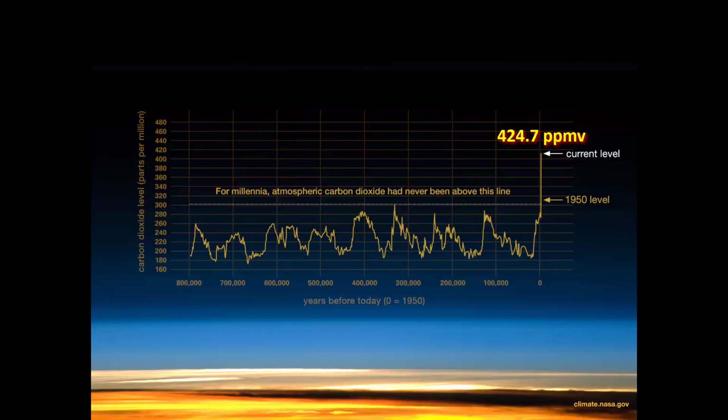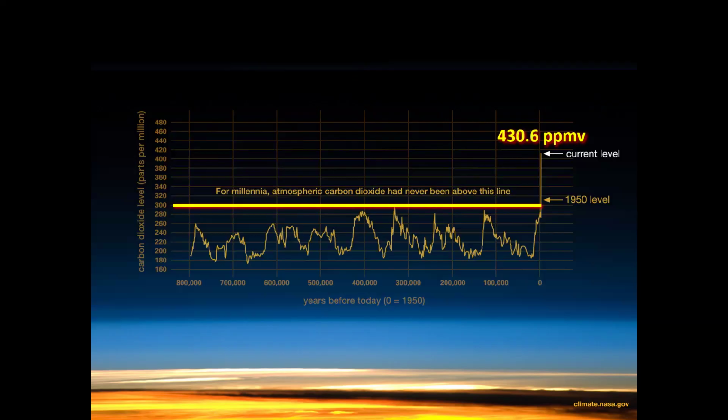So, looking at that graph, you can see for the past 800,000 years, we have been under 300 parts per million by volume. And now, as of this month, we're at 424. And this is not even the largest. If you go back, there's the level I'm talking about, the 300 parts per million.